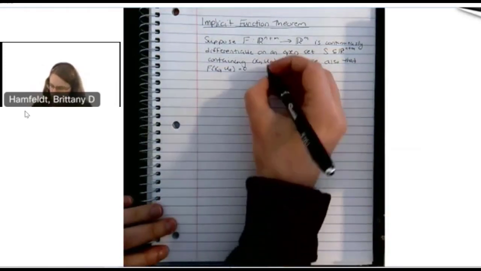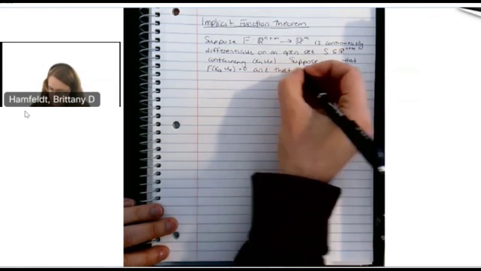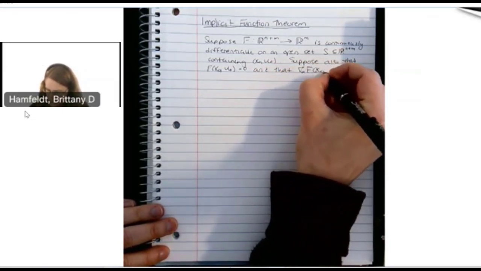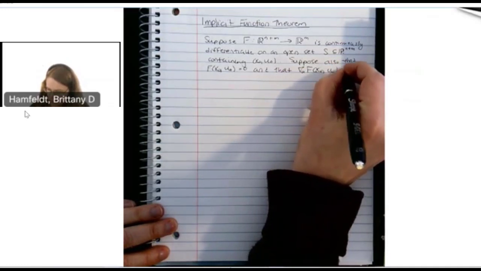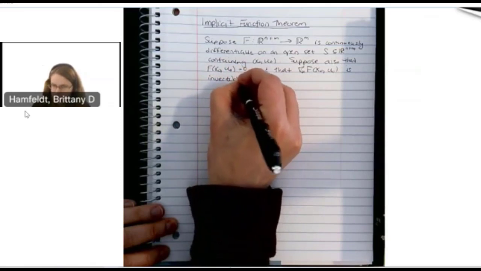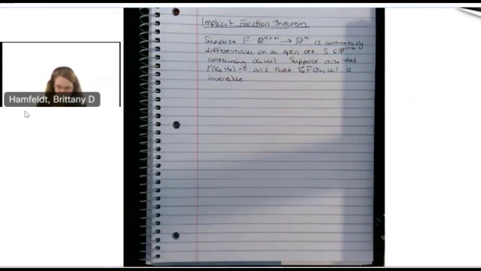Okay, so we said in order to do this, we thought that probably we would need the Jacobian with respect to the u variables to be invertible. Okay, so then these were the hypotheses we thought were probably reasonable.